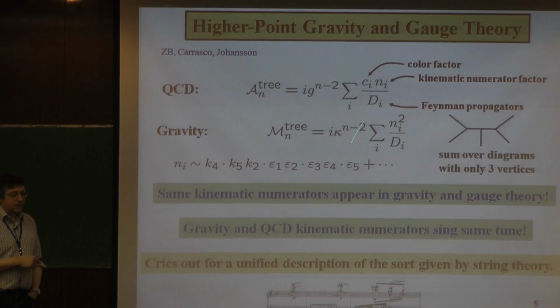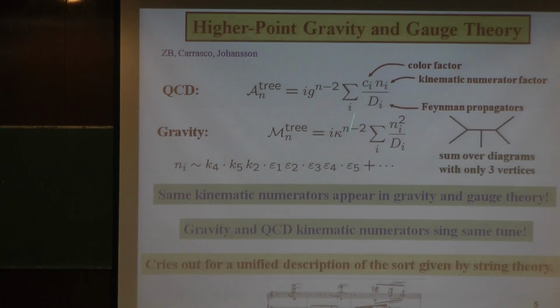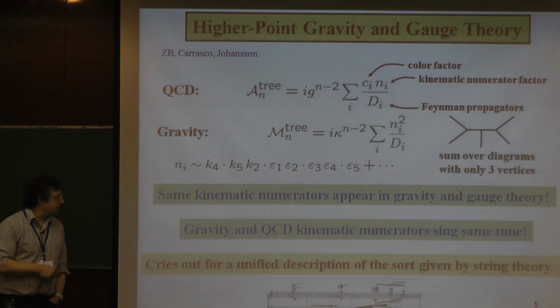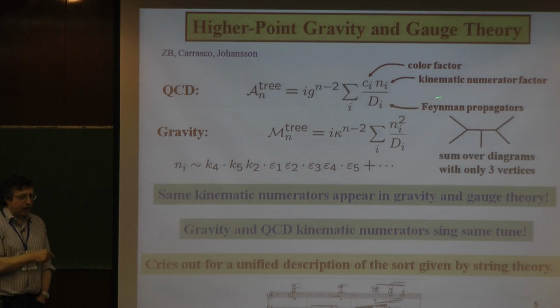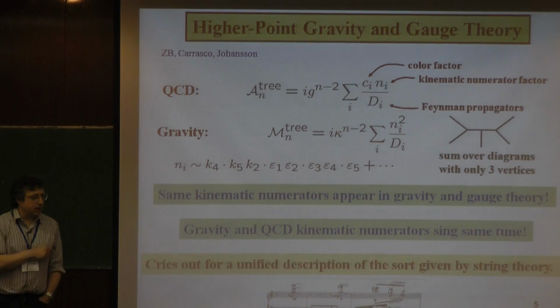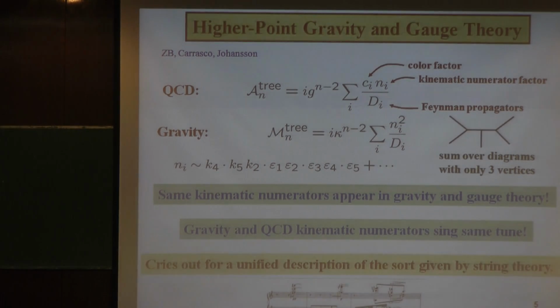But this obviously cries out for some kind of a unification of gravity and gauge theory at some very detailed level. The dynamics of this gravity theory is built out of the same objects as the dynamics of QCD. Obviously, these theories do not belong separately. They belong unified, maybe like in string theory.